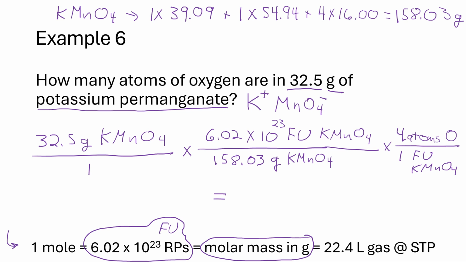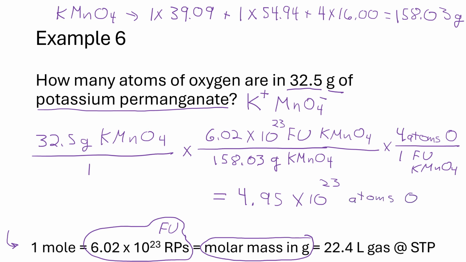All right, so we've got 32.5 times 6.02 EE23 divided by 158.03 times 4. And that's going to give me 4.95 times 10 to the 23rd atoms of oxygen, I hope.